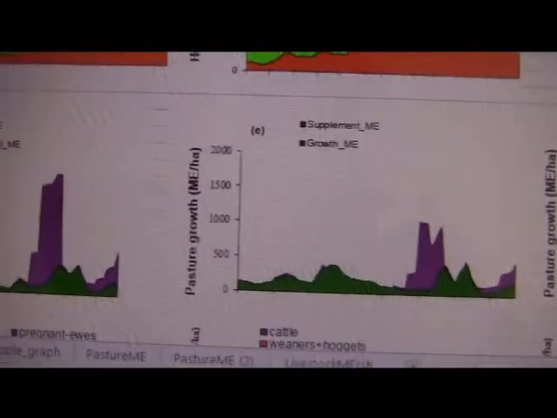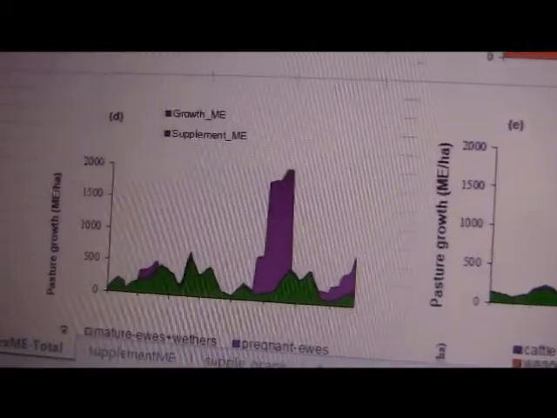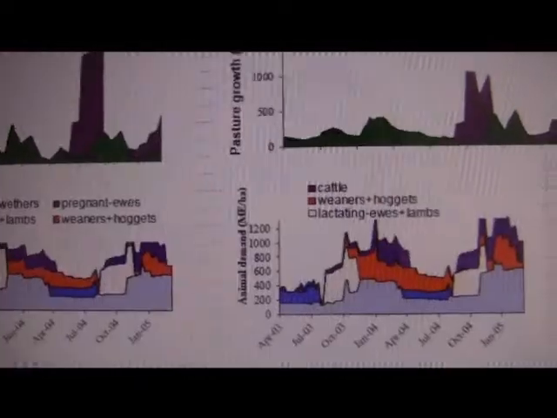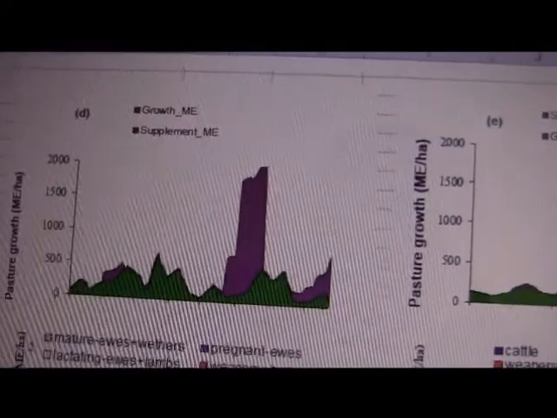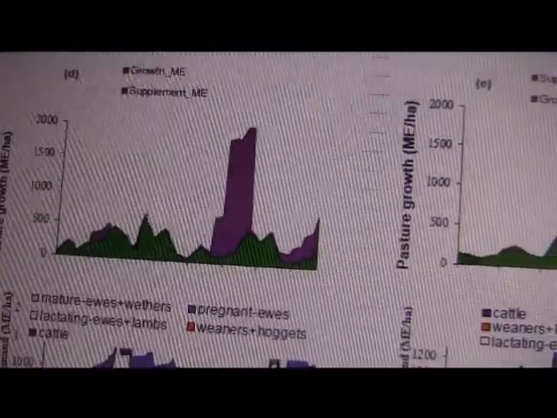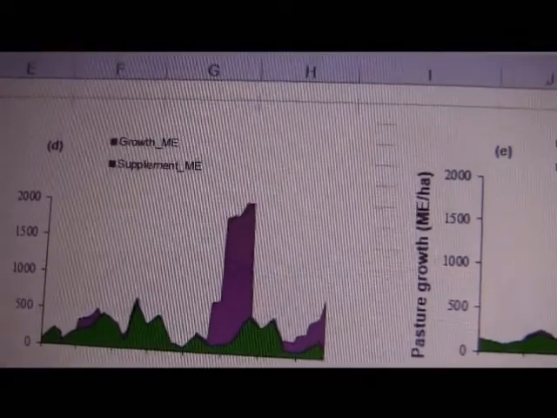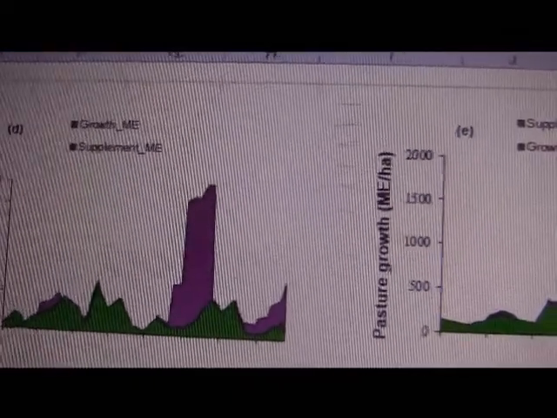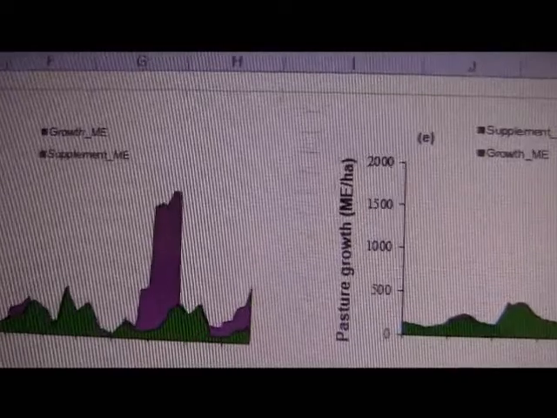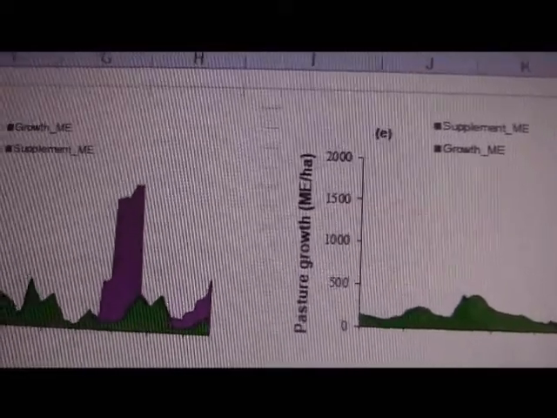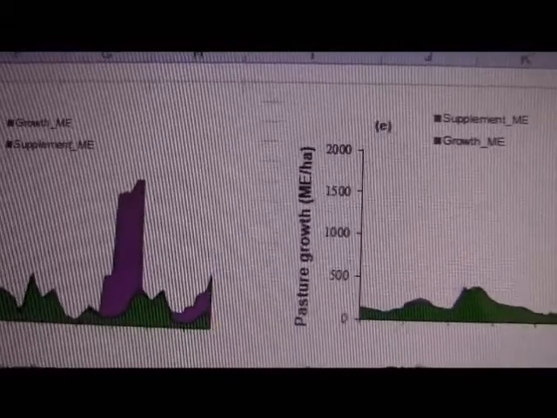And down there, in the second row of graphs, we have pasture crop ME per hectare for these farmlands. And you can see we have also included the supplement ME, because in winter time, when there is not available feed, herbage mass has gone below the benchmark, we have to supplement these animals.